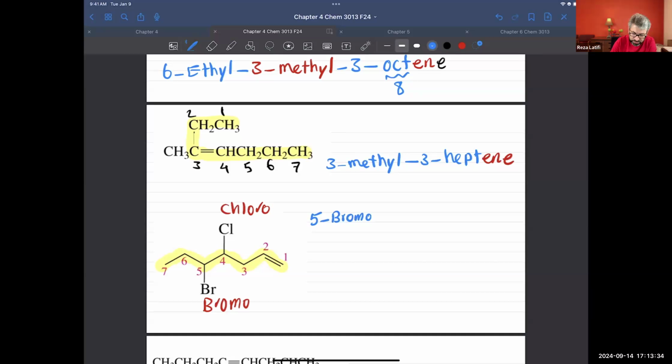The reason is that I want to give the double bond the smallest number. So this is going to be 5-bromo, and then 4-chloro, and then 1-heptene. So 5-bromo-4-chloro-1-heptene is going to be the correct name for it.